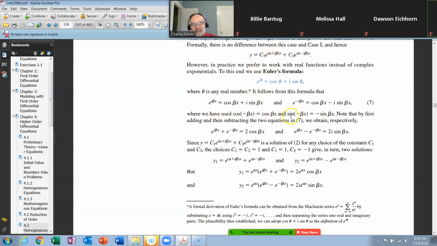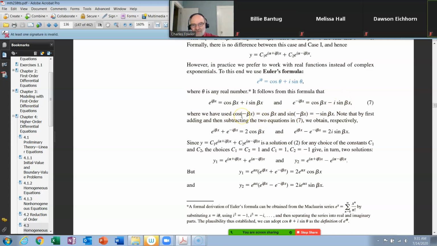For the negative, you have cosine beta x, because cosine's an even function, so that doesn't change the sign. But sine's an odd function, so you change that to a minus i sine beta x. All right, it's just getting worse, isn't it? Does this seem to be helping any? Really not.